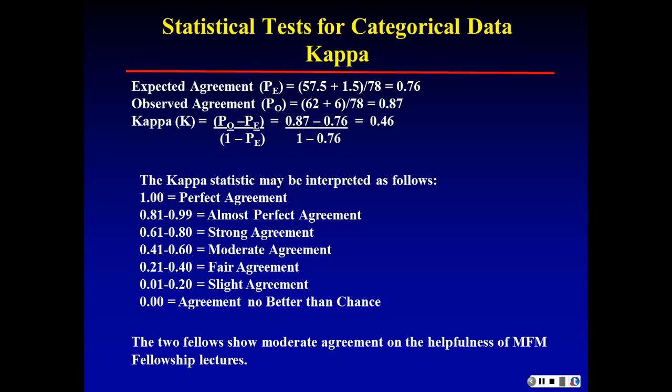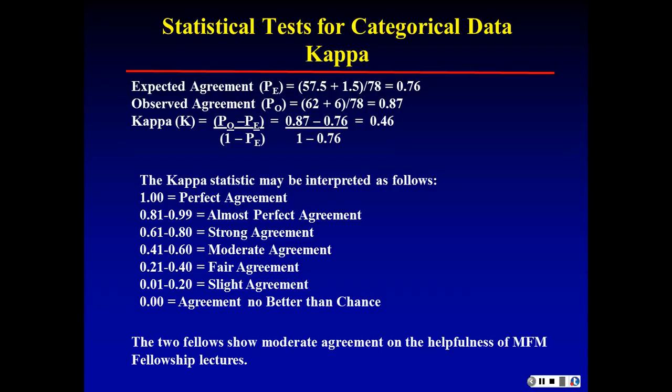What does a kappa of 0.46 mean? Well, if you have a kappa of 1, that indicates absolutely perfect agreement, which never occurs in research. A kappa of 0.81 to 0.99 is almost perfect agreement, which very rarely occurs in research. 0.61 to 0.80 is strong agreement, 0.41 to 0.60 is moderate agreement.